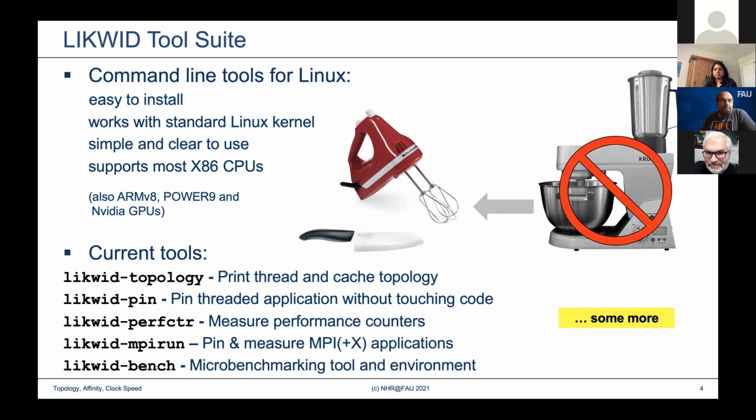We're currently extending that to AMD GPUs and Intel GPUs. Here is again a short list of the tools. So topology, pin, and perf counter are what I introduce now. Mpirun is the tool focused on MPI plus X applications, to measure and pin applications on multiple nodes. And the LIKWID Bench micro benchmarking tool.